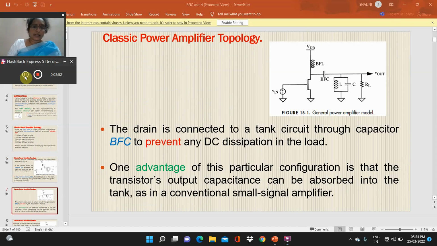The drain is connected to a tank circuit through capacitor BFC to prevent any DC dissipation in the load. One advantage of this configuration is that the transistor's output capacitance can be absorbed into the tank, as in a conventional small signal amplifier.